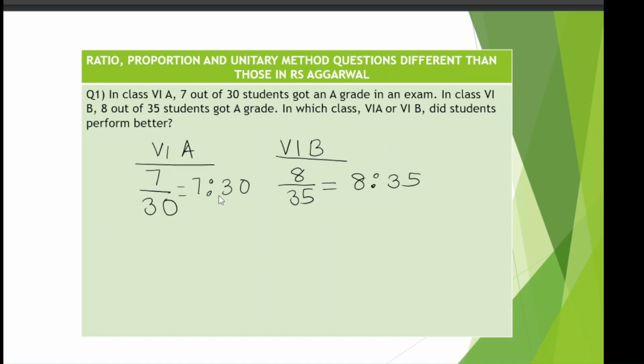So now to understand which ratio is bigger or larger, I should convert it into equivalent fraction or equivalent ratio. How do we do that? We first find the LCM, right?